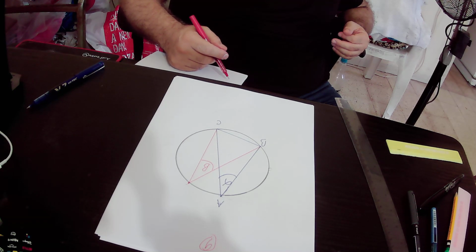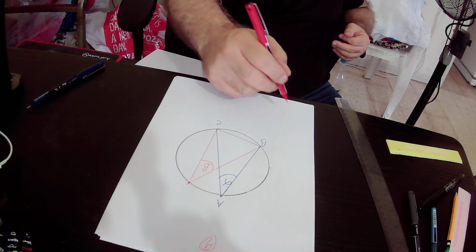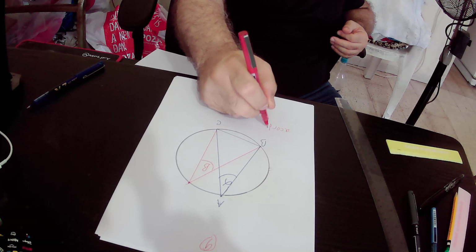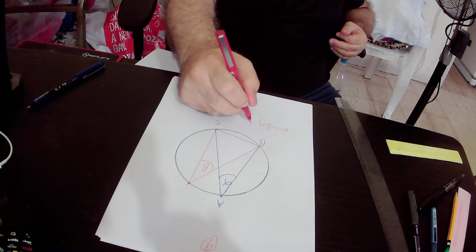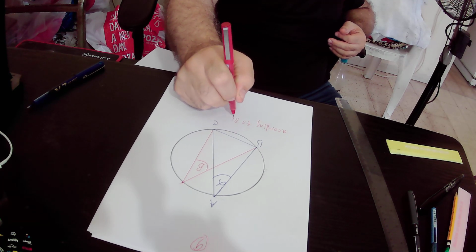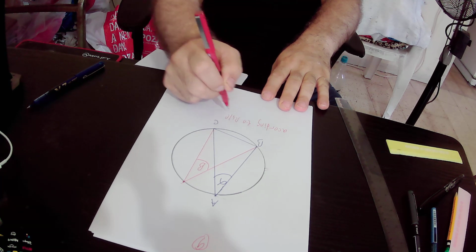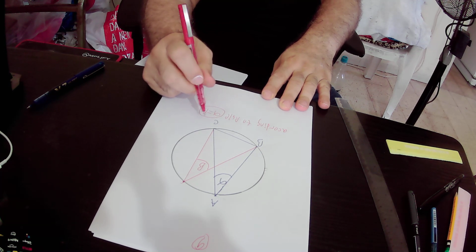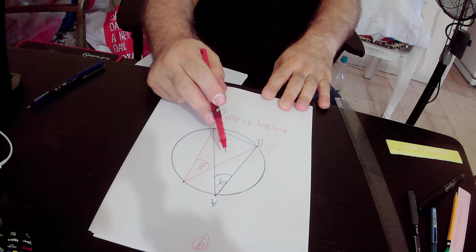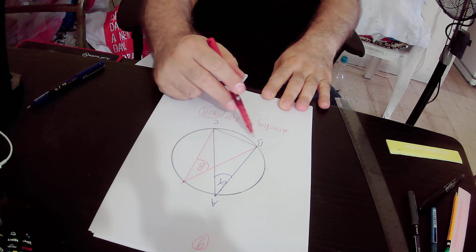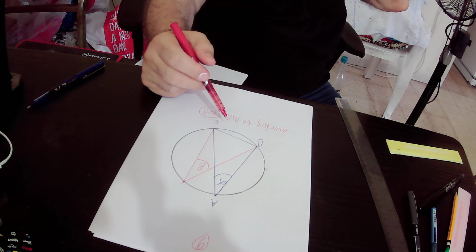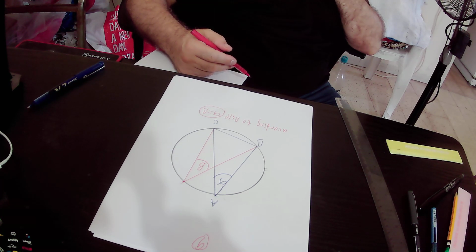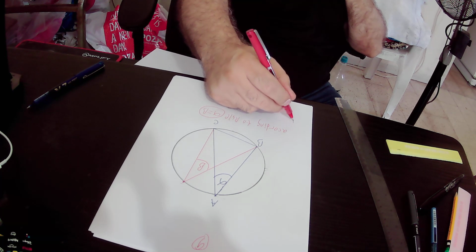So according to rule number 2, alpha equals beta because both angles, alpha and beta, rest on the same chord BC. Okay?